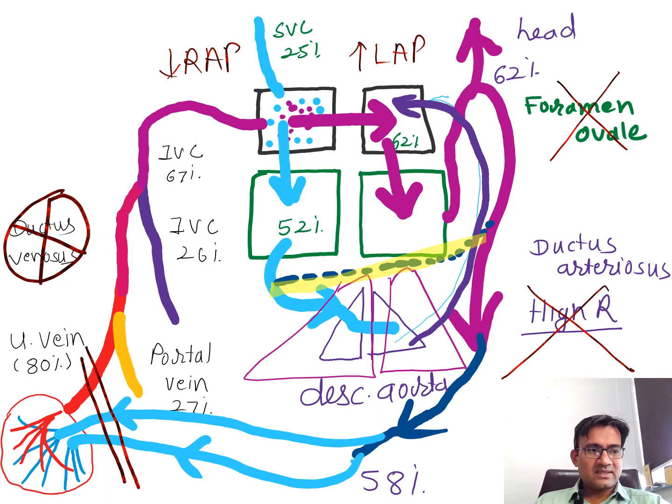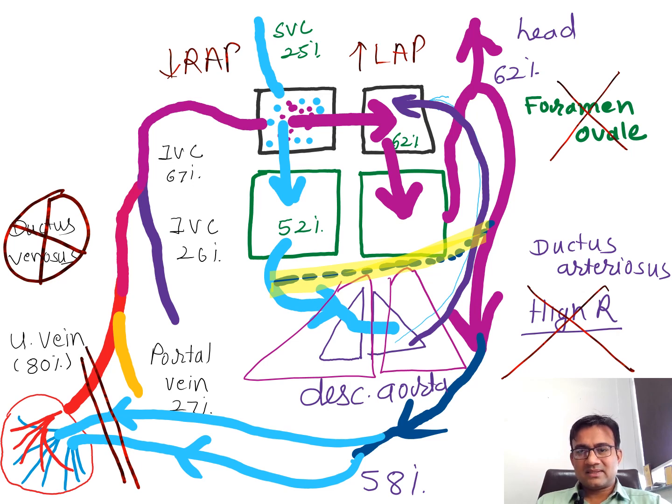Initially, what was the direction of blood supply? The direction of blood supply in the fetus was from this to this. Now what will happen after the lung has expanded?